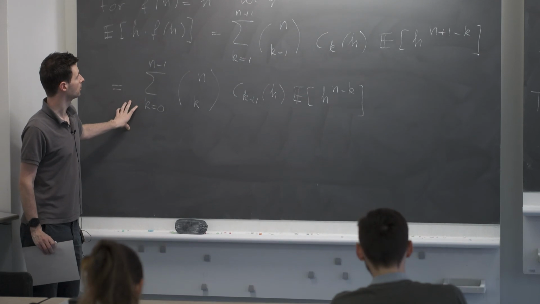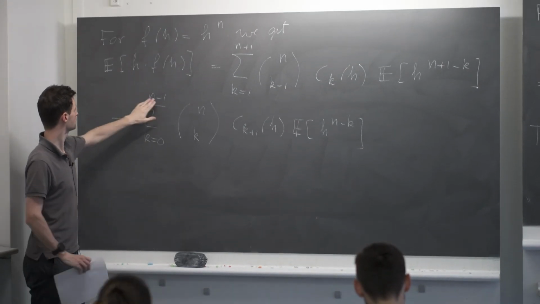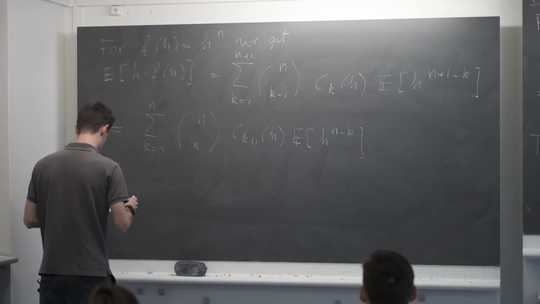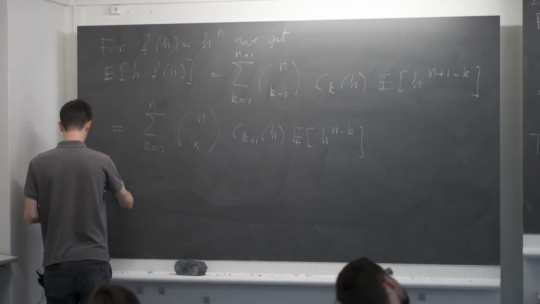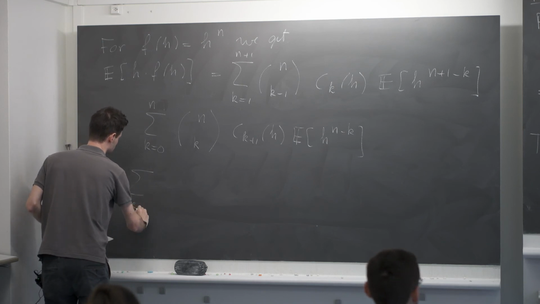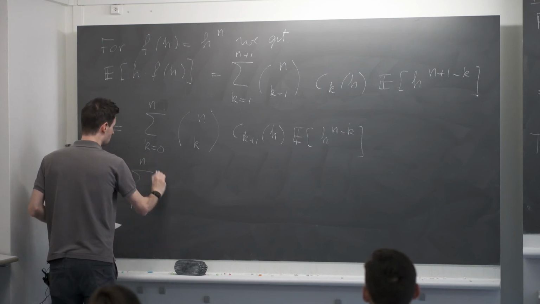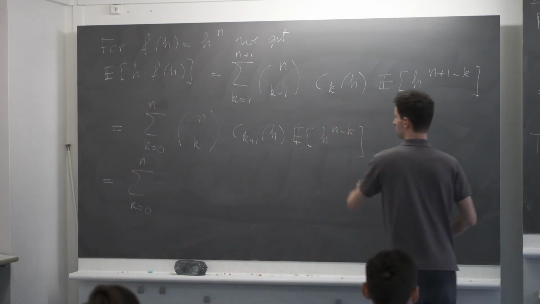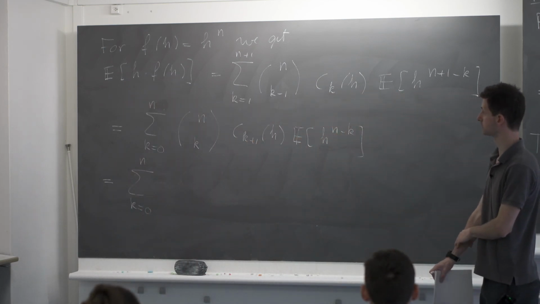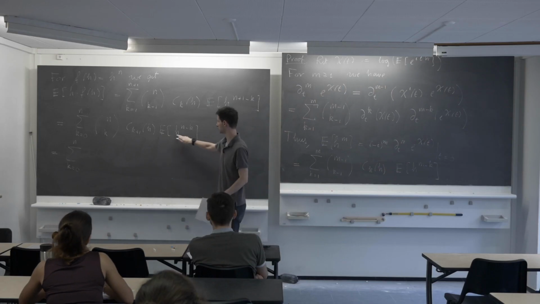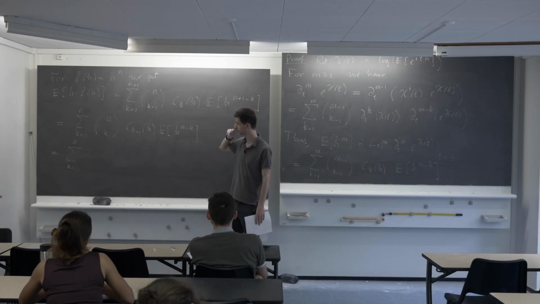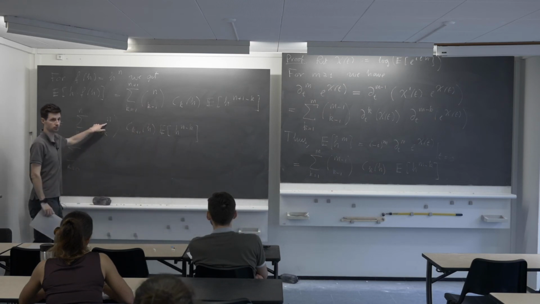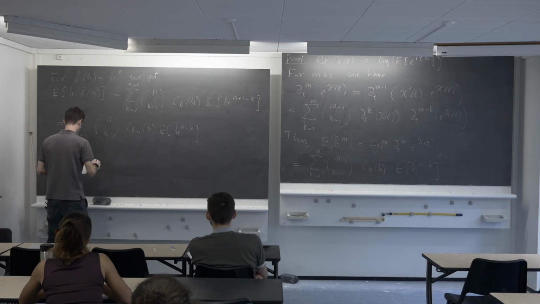Going from 1 to n plus 1, oops, it goes from 0 to n. And I would like to express this not in terms of some power of h, but in terms of the original function f. And you notice that this is the kth derivative of h up to some combinatorial factors, which are precisely the combinatorial factors in the numerator of this binomial coefficient.